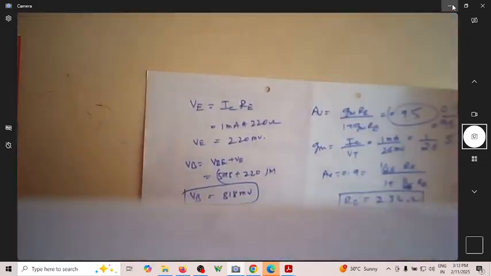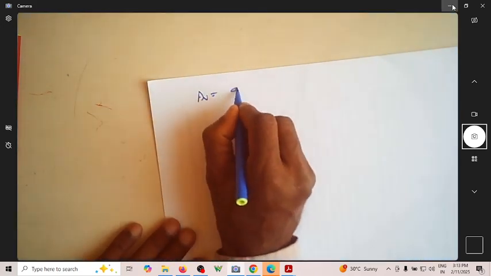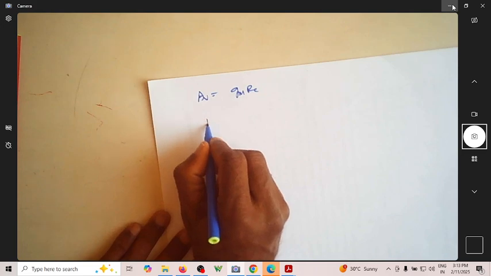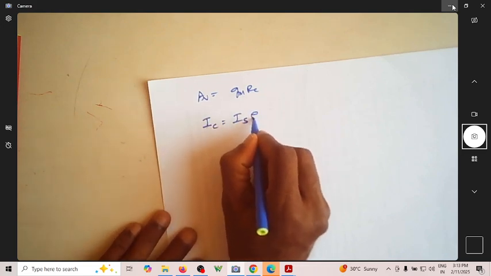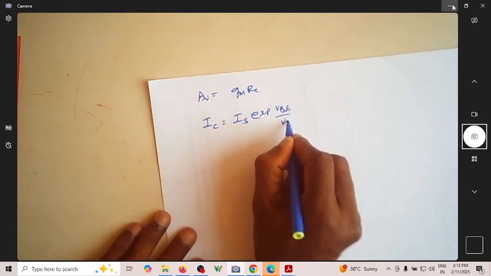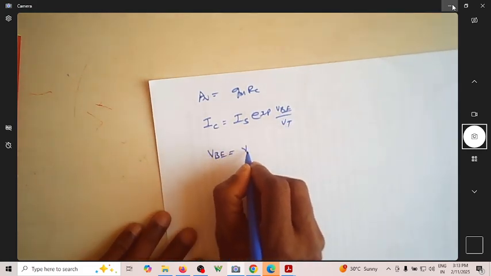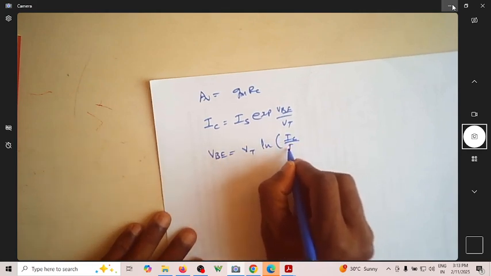Fundamentally, you need to know these equations. The equation required for the CE amplifier is AV equal to GM into RC, which should be known, and you should know the expression for the collector current as IS into exponential VBE by VT, from which we can write VBE is equal to VT into ln of IC by IS.